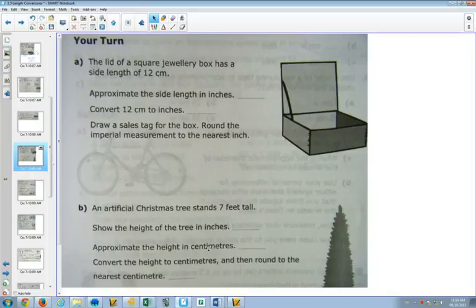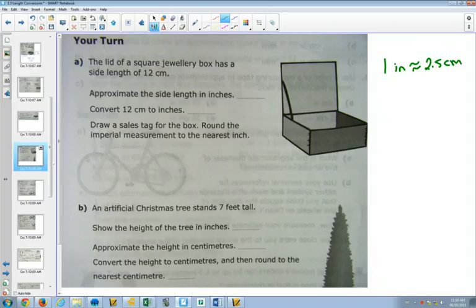So let's see how you did on part A. Now, for approximating it, it's 12.5. One way: if I know that 1 inch is approximately 2.5 centimeters, and I count by 2.5 centimeters: 2.5, then 5, then 7.5, then 10, then 12.5.